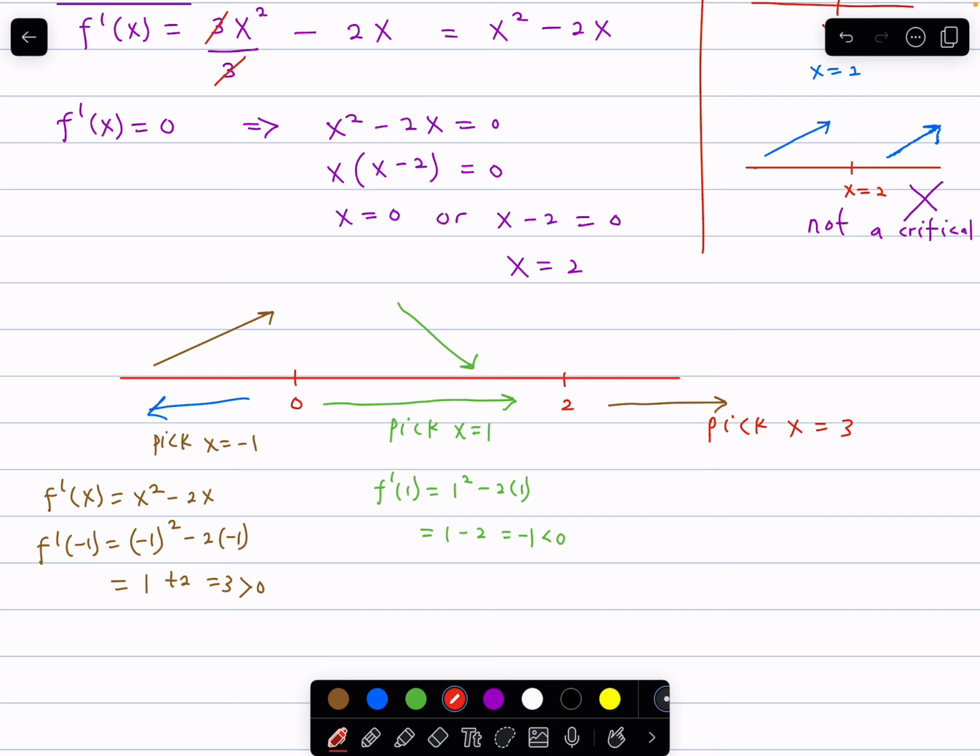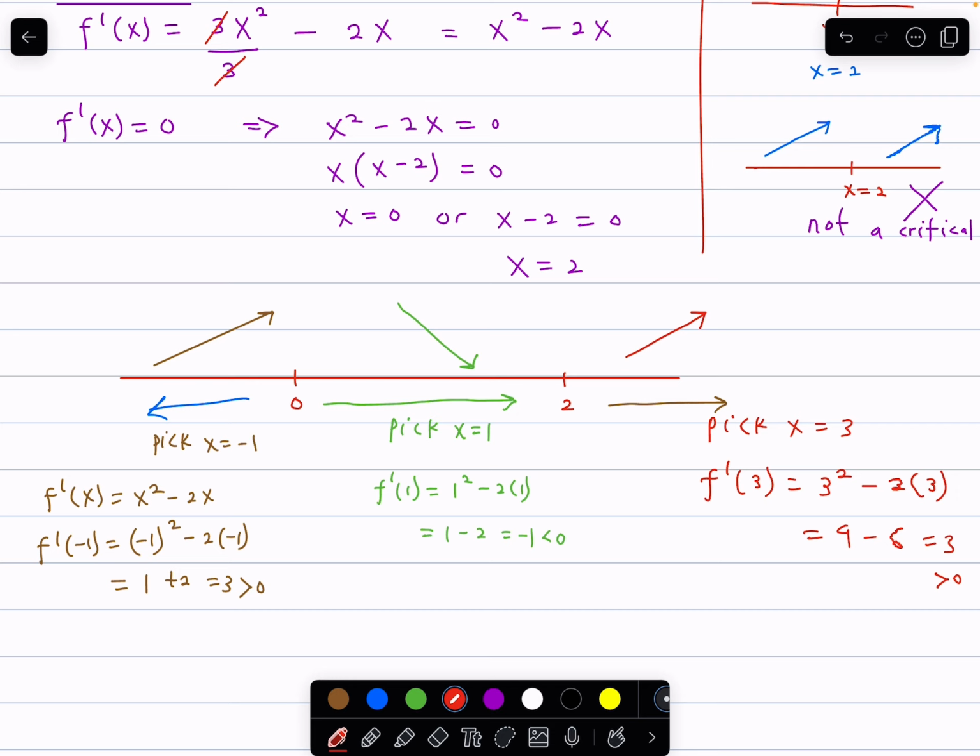So my first derivative is x squared minus 2x. So I'm going to plug 3 into that. So I have 3 squared minus 2 times 3. And this is going to be 9 minus 6. And this is going to be 3. 3 is greater than 0.